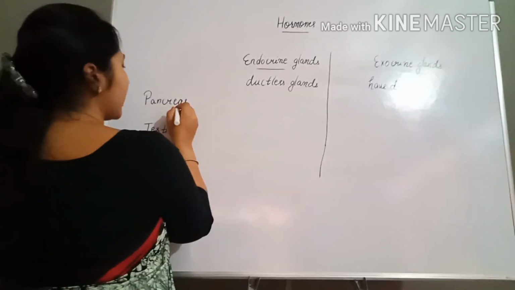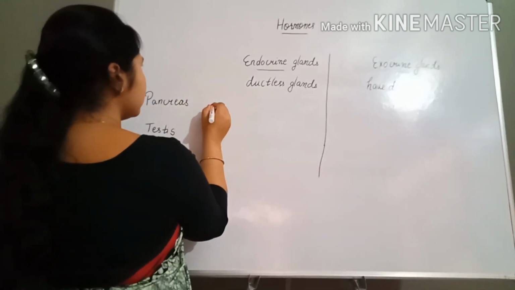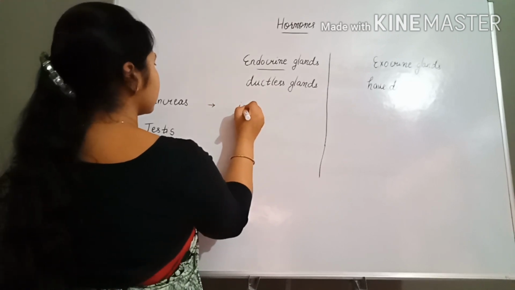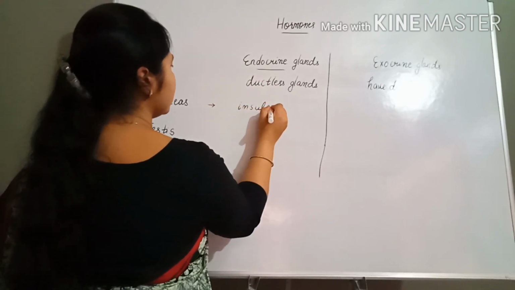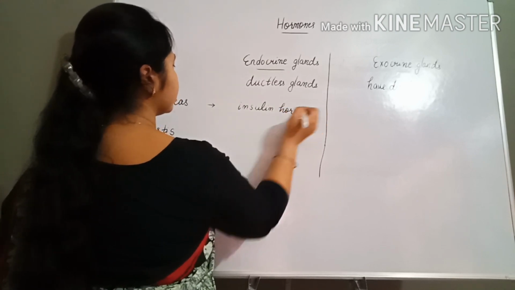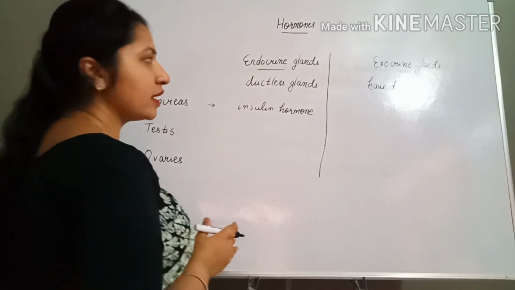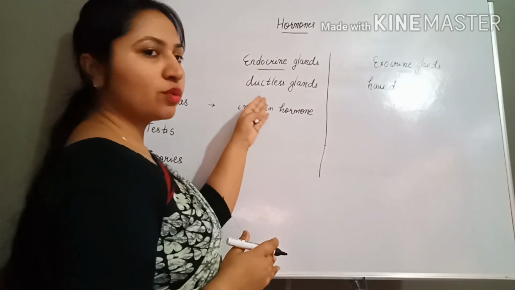Now the pancreas, how does it act as an endocrine gland? When it produces the insulin hormone, then it acts as an endocrine gland.